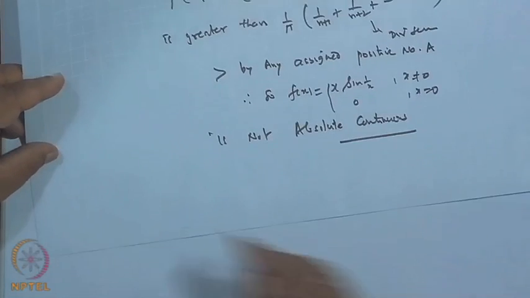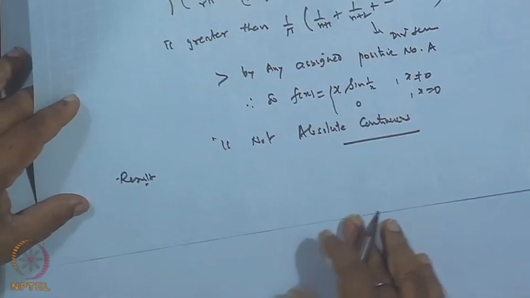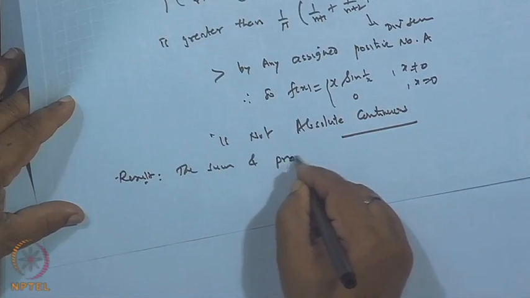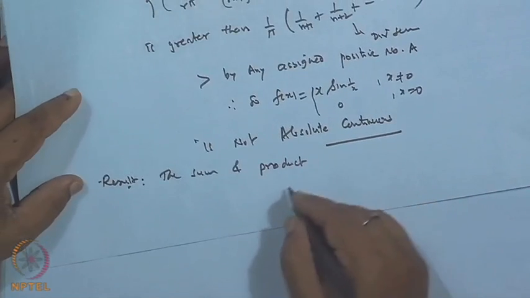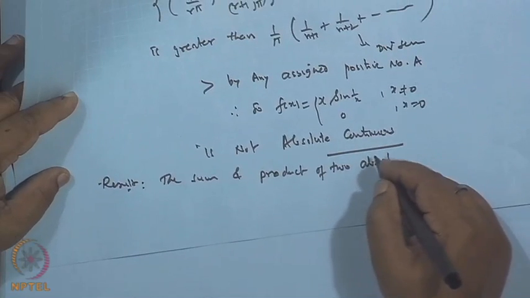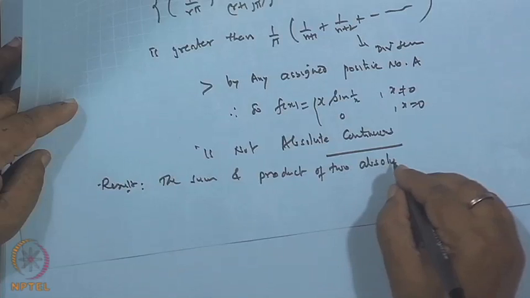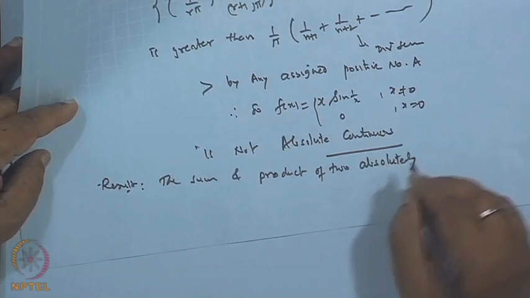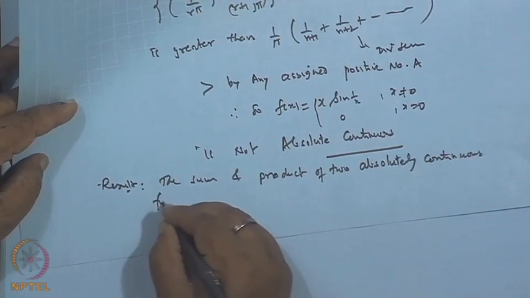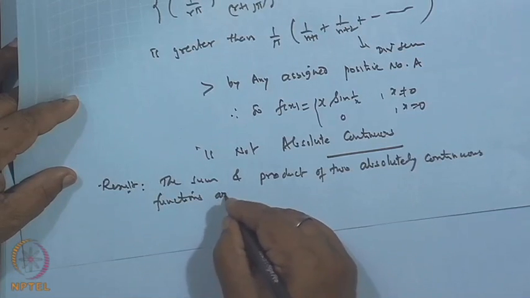Now, just to state one result: the sum and the product of two absolutely continuous functions are absolutely continuous.